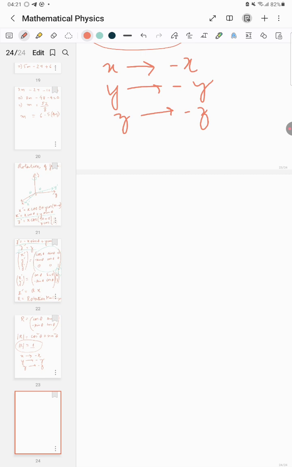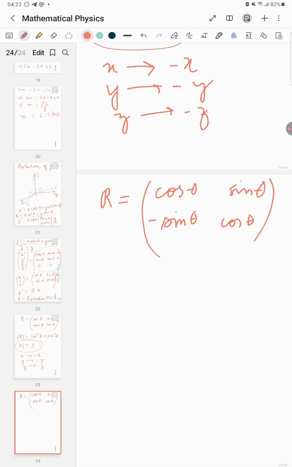So in order to find the reflection matrix, just like we did in the rotation matrix, change the rotation matrix. For the rotation matrix, the matrix was cos theta, sin theta, minus sin theta and cos theta, right?